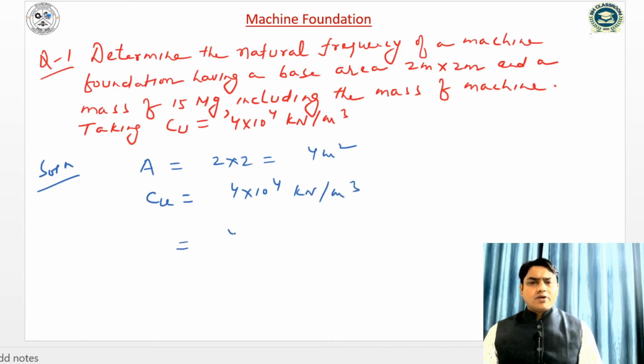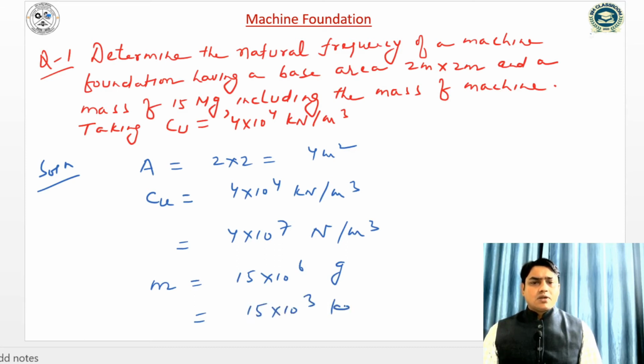If I convert in Newton, it is 4 into 10 to the power 7 Newton per meter cube, and the mass can be written as 15 into 10 to the power 6 gram. So it will be 15 into 10 to the power 3 kg.